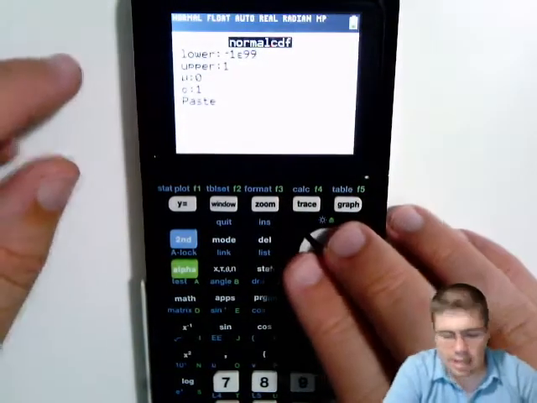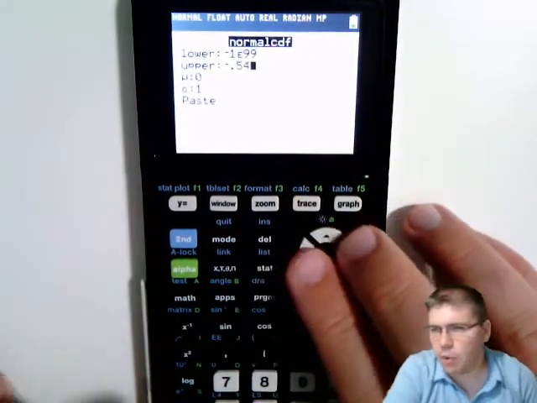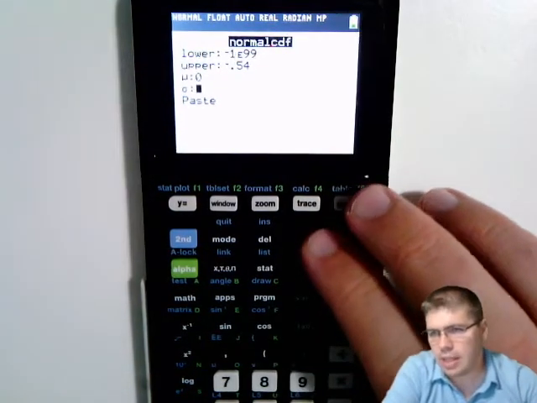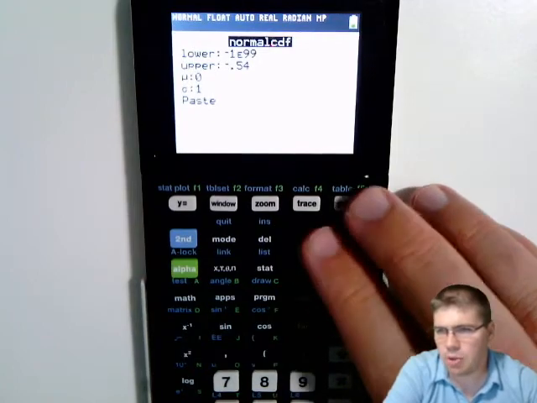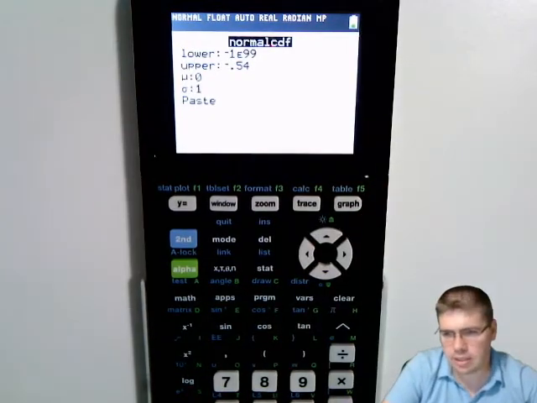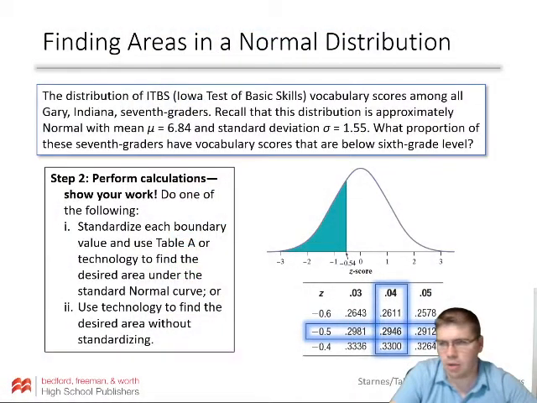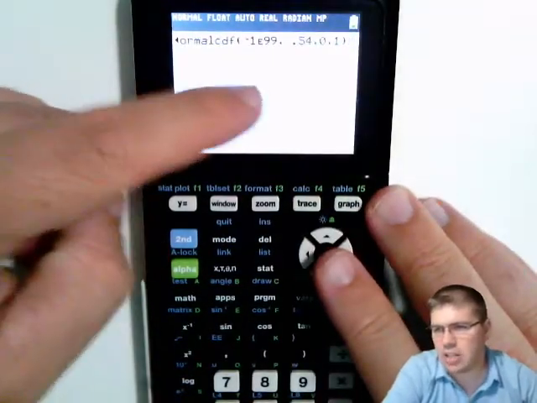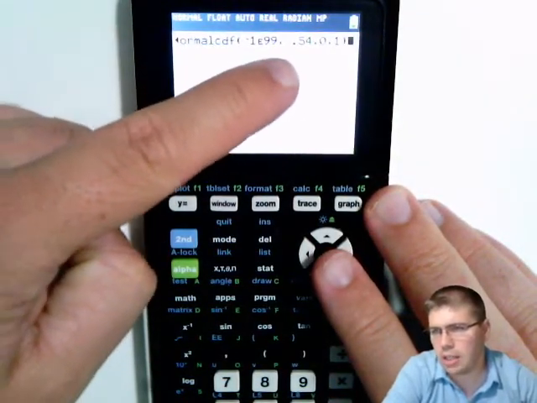So we're going to type in -0.54. And then I'll leave this as 0 and 1. We're going to leave this as a standardized normal curve, 0 and 1, right? Because in this graph, we're working with a standardized normal curve with its mean at 0 and a standard deviation of 1. So if I do that and then hit enter or hit paste, this is the command that's going on in the background.